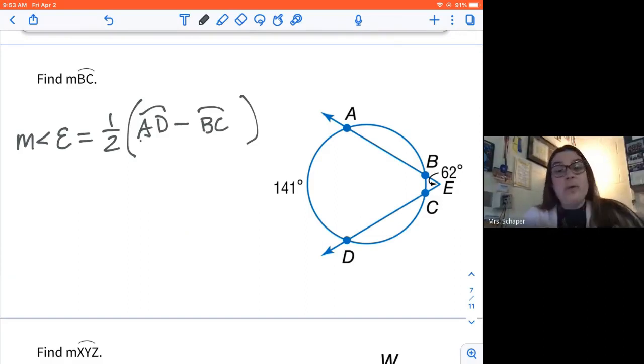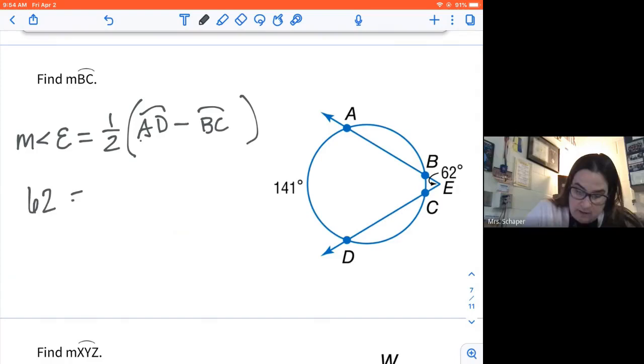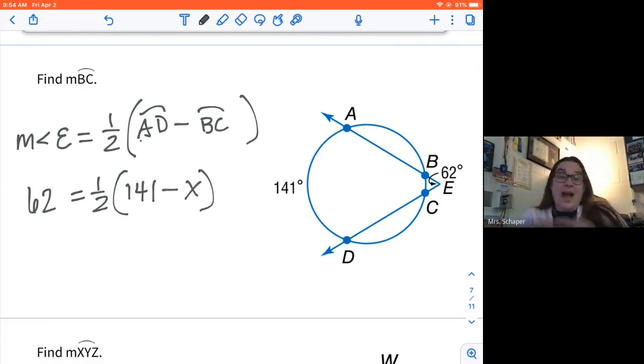And that's my formula. So what I'm going to do is fill in what I know. 62 is the measurement of angle E, equals 1/2 times, and AD is 141, and I don't know what BC is. So I have an equation now with one variable.